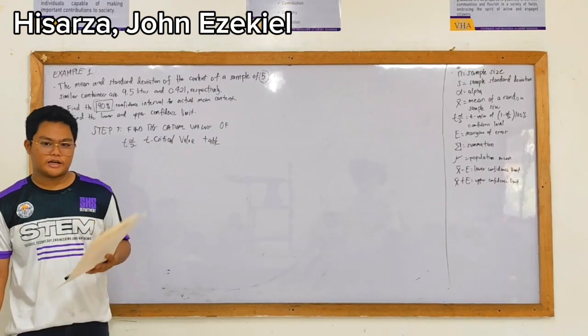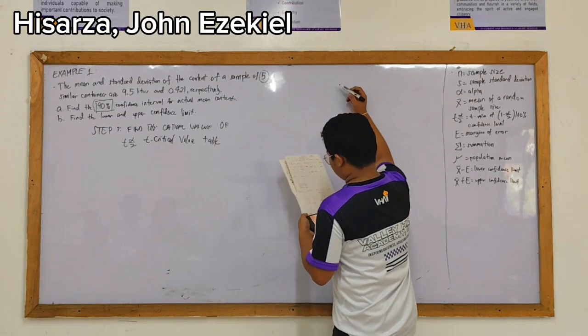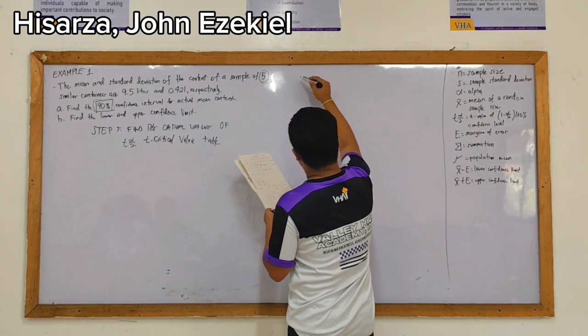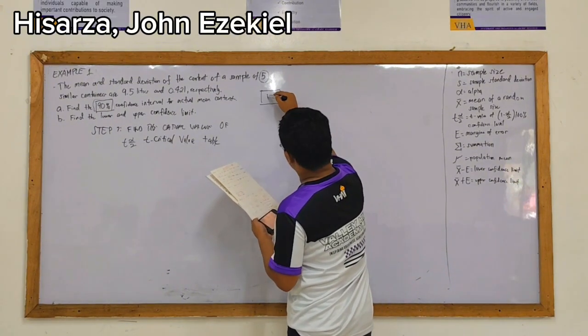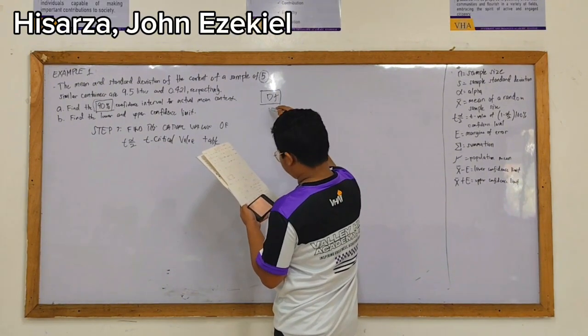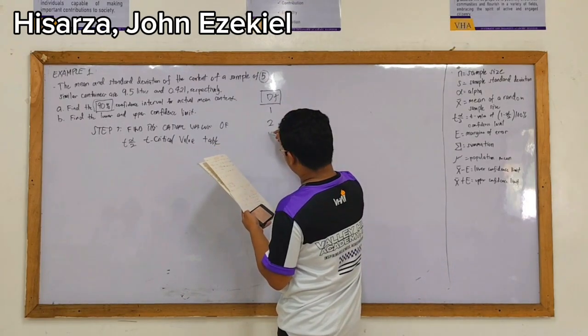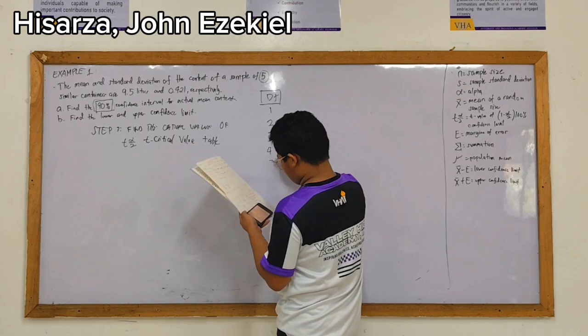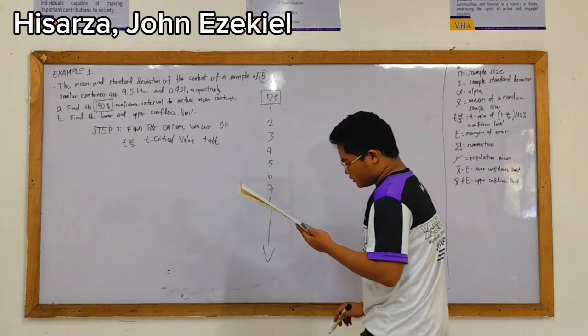here's our example of a table of t-critical values. As you can see here on this side, it's going to be 1, 2, 3, 4, 5, 6, 7, and so on and so forth.